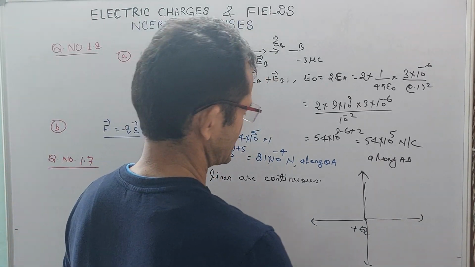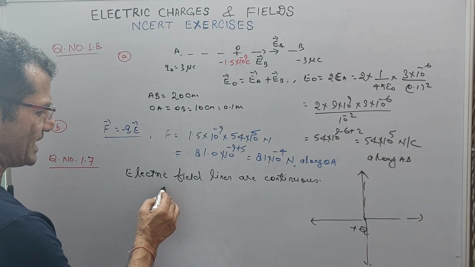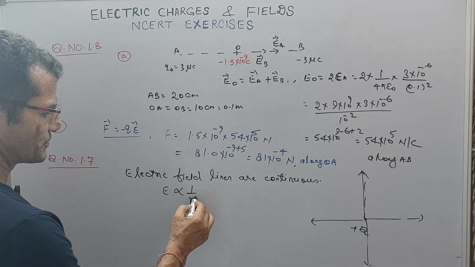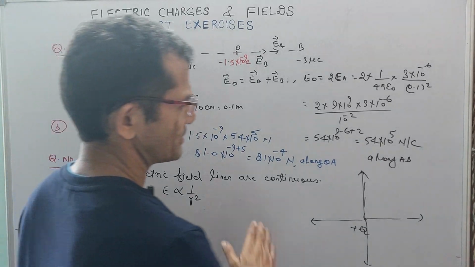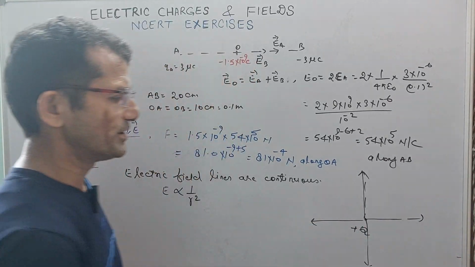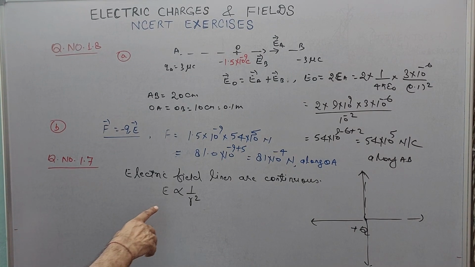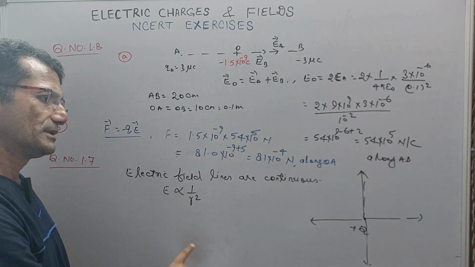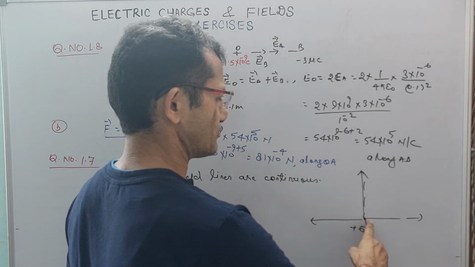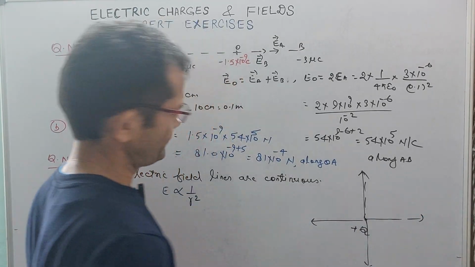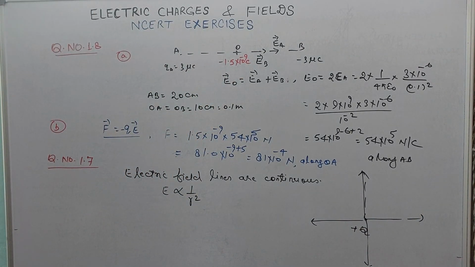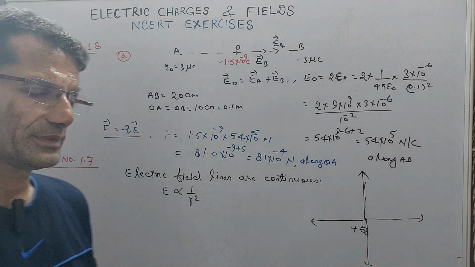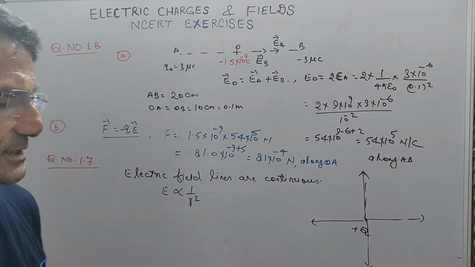Now, we know from Coulomb's law that the electric field strength goes as 1 upon r squared. As we go away from this point charge, the strength of our electric field will also decrease. The decrease of the electric field from this point to infinity is a gradual, continuous process, not a sudden jump or a sudden gap.